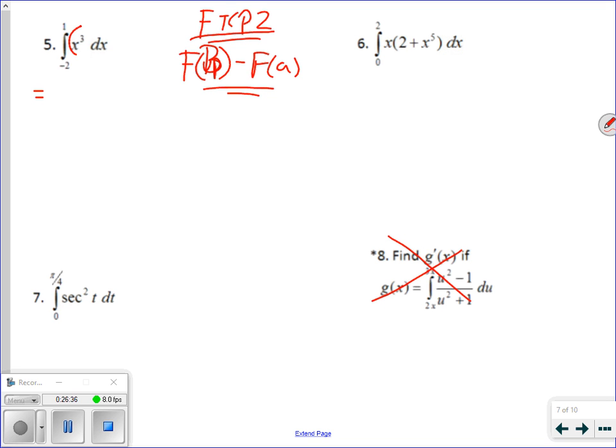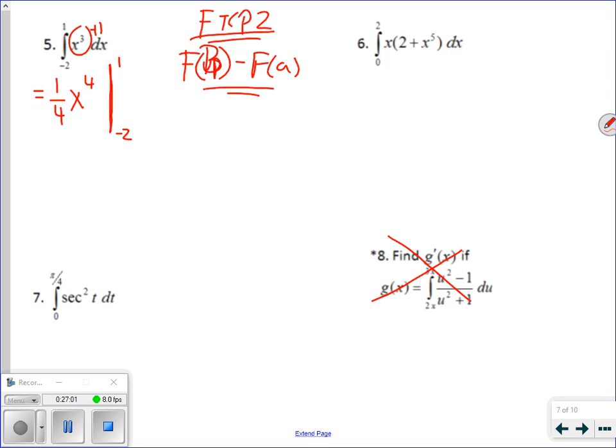If I were to take the integral of this, the integral of x cubed is 1/4 x to the 4th. Add 1 to the power and divide. So I took the integral of it. Now it wants me to evaluate the integral from -2 to 1. This is a notation thing with integrals. Once you find the antiderivative, you put a line beside it, and this is your bounds.